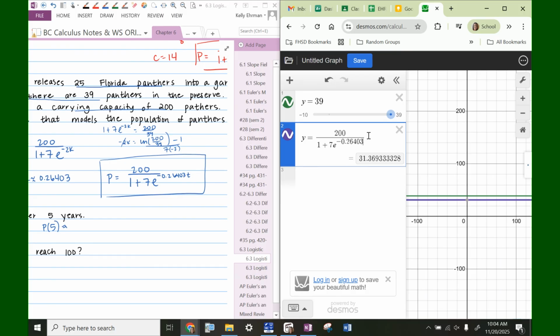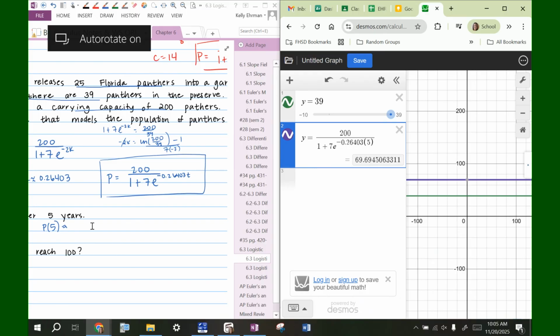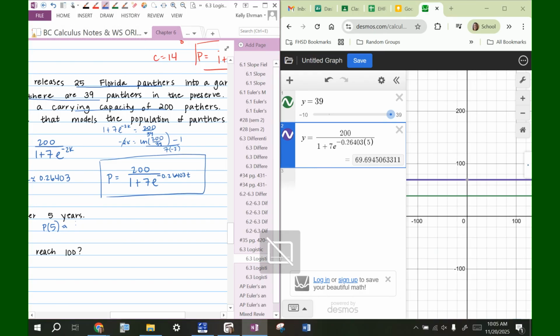If I hit times 5, it's going to keep doing that, so I can use parentheses to show my multiplication here, or parentheses around the whole thing. So 69.695. But remember, we're talking about animals here, so let's call that about 70 panthers after 5 years.